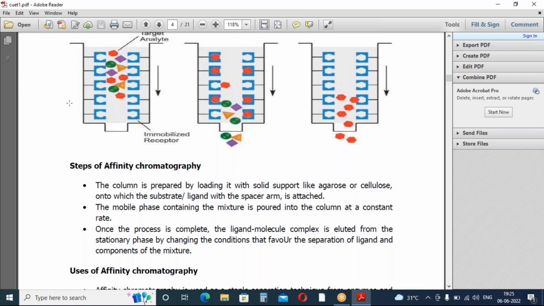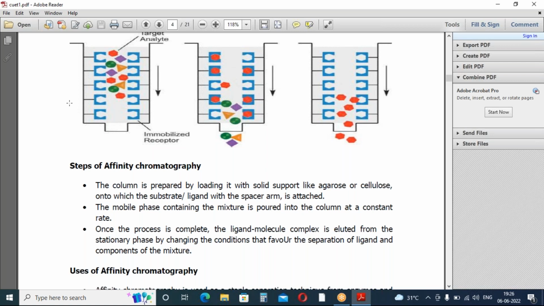What are the steps involved in affinity chromatography? It is based on preparation of a column, depending upon the stationary phase and mobile phase.